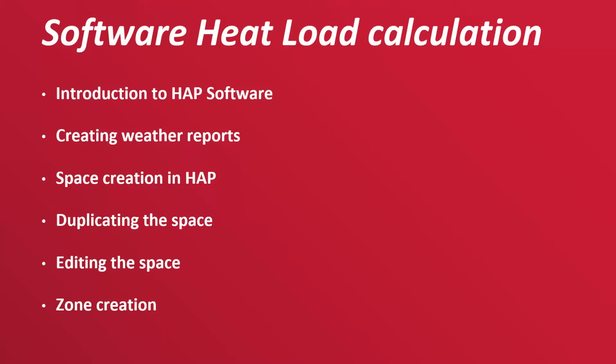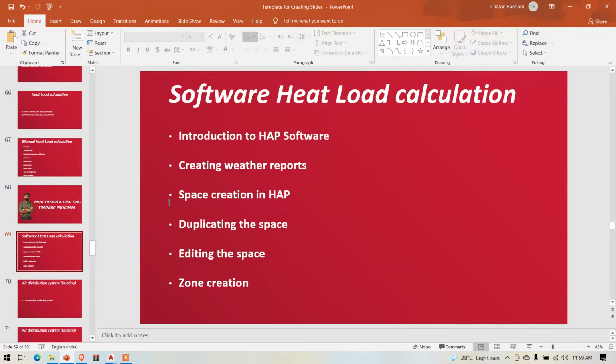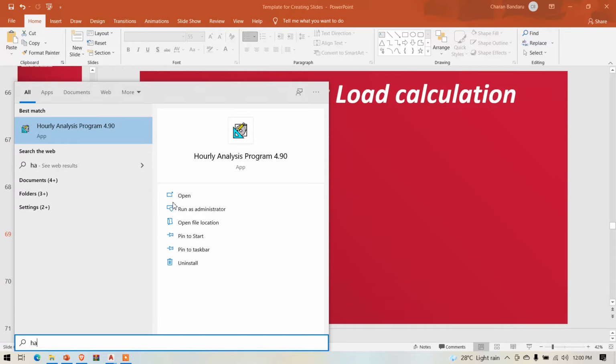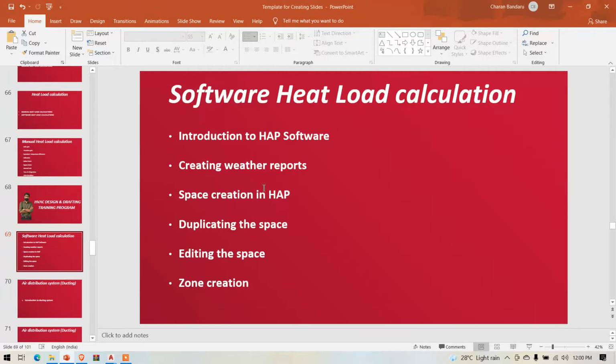Before we start, let me give a small introduction about this software heat load calculation. To do this calculation, we are using a software called HAP, that is Hourly Analysis Program. We are using version 4.9.